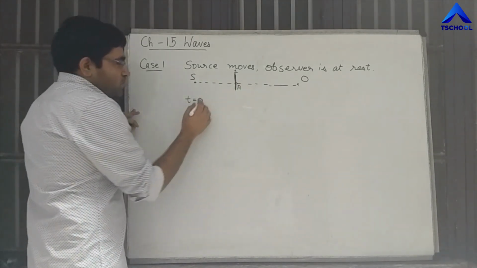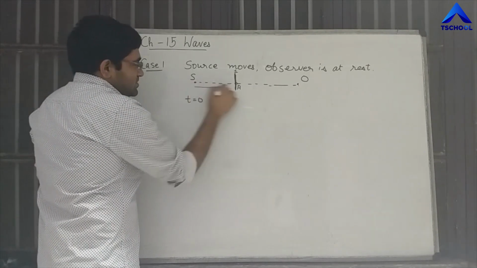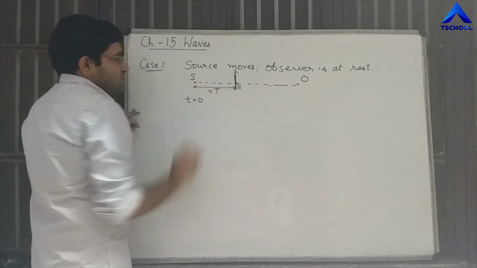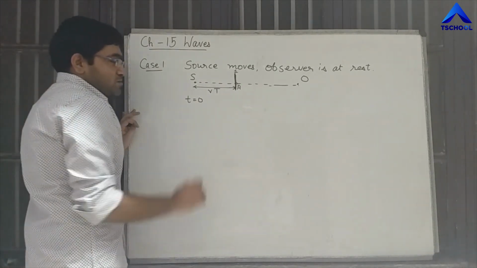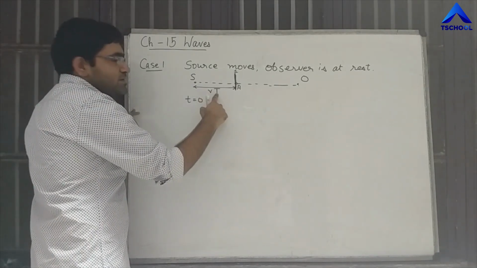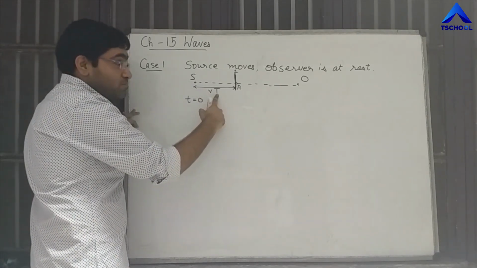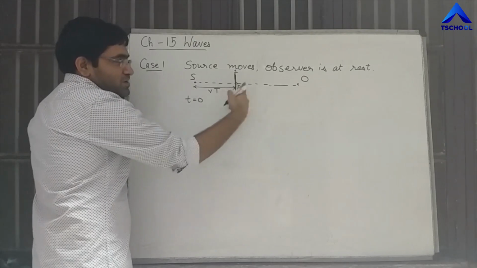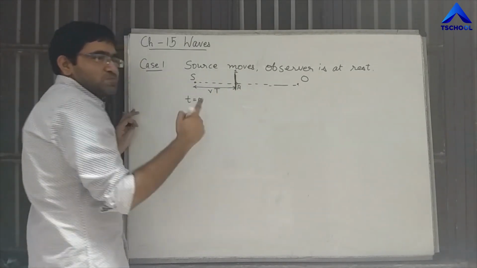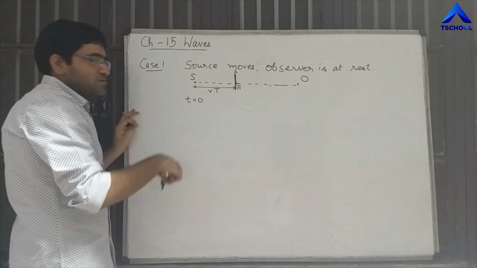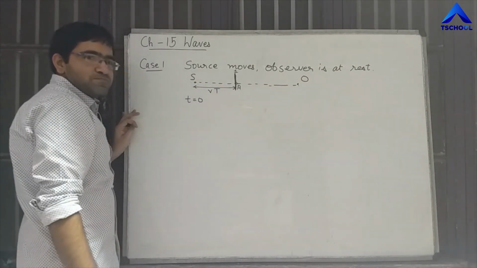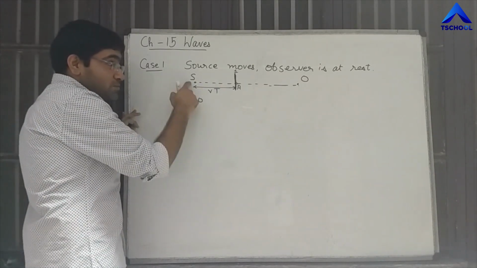Now obviously I'm sure you realize that this distance should be V into capital T, right? Because the speed of the sound wave is V, and capital T is the time period. So in one time period, the crest has traveled a distance from S to A, which is equal to speed into time, so VT. In the same time, the source won't remain here.